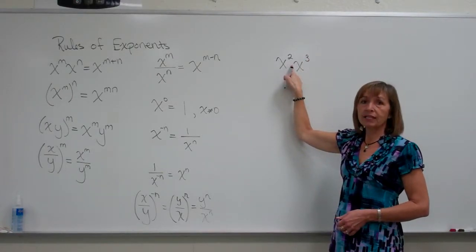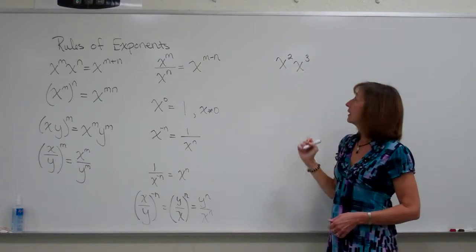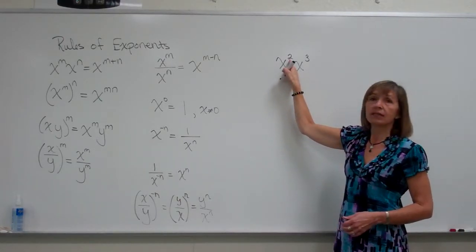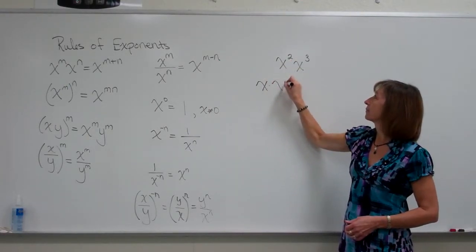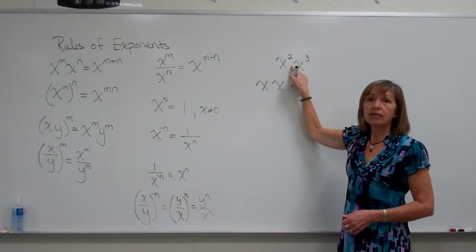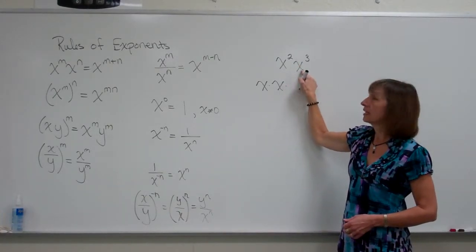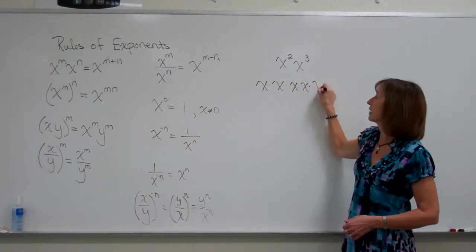So it's a multiplication of exponential expressions that each have a base of x. Now, if I were to write this without exponents, my first factor here, x to the second, would be x times x. But it's involved in a multiplication in this example, so it's times. And then my x to the third is x times x times x.